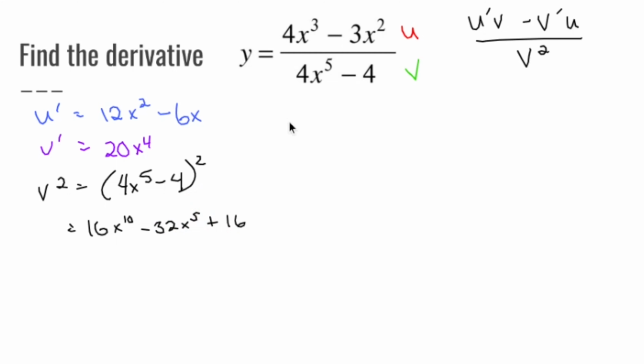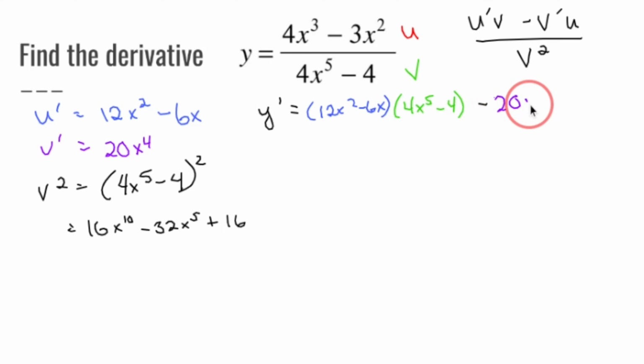So let's find the derivative. Let's put it all together. Y prime is going to equal u prime, which I said was 12x squared minus 6x times v, which is green, 4x to the 5th minus 4, minus v prime, which I made purple, so 20x to the 4th times u, which is red, so many colors, 4x cubed minus 3x squared, that's that.